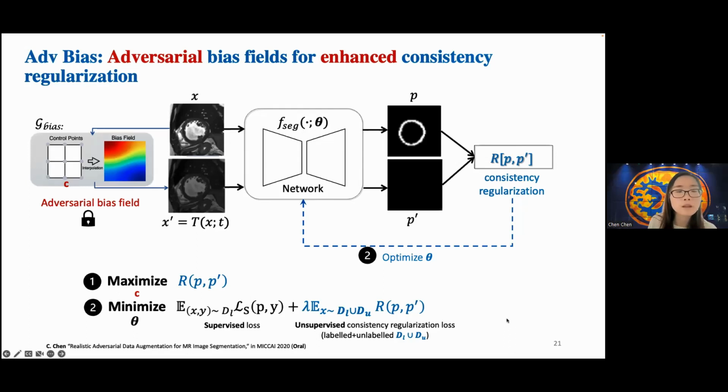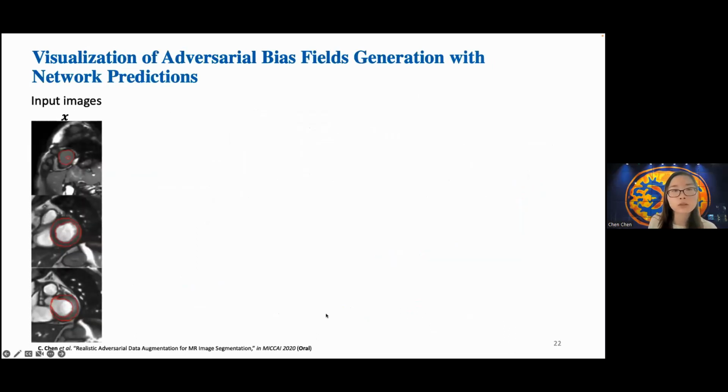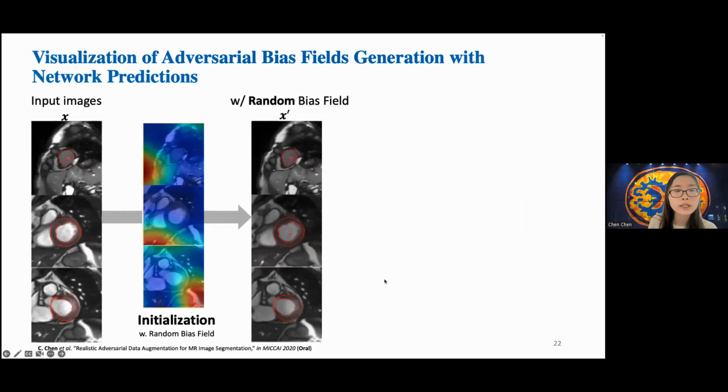Okay. So now let's look at some examples of the adversarial bias field generation. Here are the input images and the ground truth. We can first randomly sample some bias field, as I previously mentioned, to get a bias field that looks like this, where you can see some regions are highlighted, which means the value is more than 1.